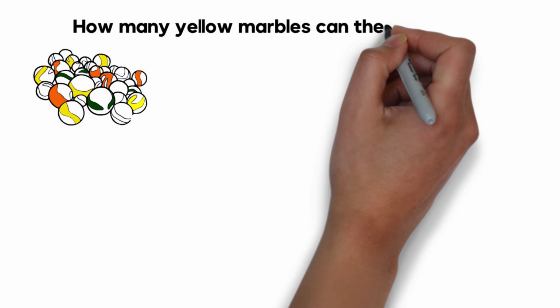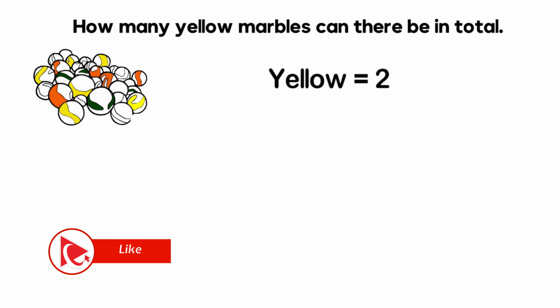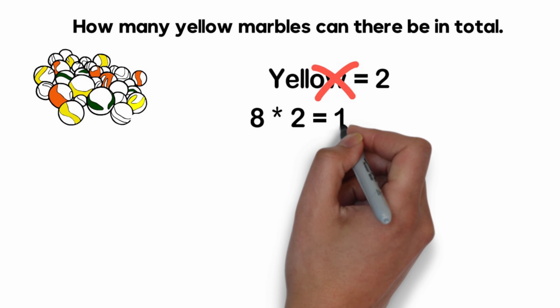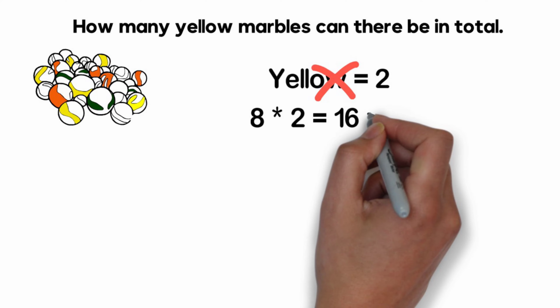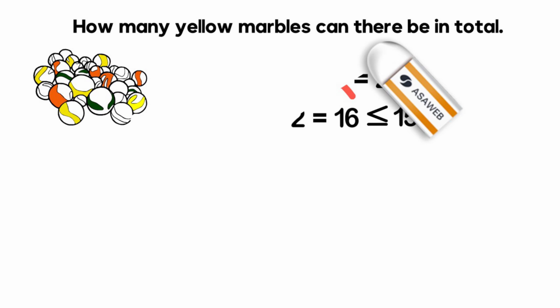So the question is, how many yellow marbles can there be in total? Can there be 2 yellow marbles? No, because if we multiply 8 by 2, we will get to the total of 16 marbles, which is greater than the 15, which is the current total number of marbles.